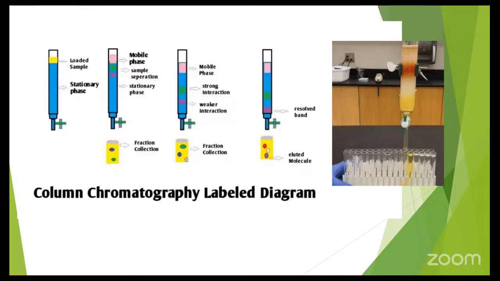A thin layer of a sample mixture of two compounds is added to the top of the inert phase, and a liquid which is more strongly adsorbed to the inert phase than any of the compounds in the sample is added. This process is called elution, and as the compounds move down the column, small differences in their shape, charge, distribution, and polarity allow them to be separated one after the other, and you collect them into different test tubes as shown here.